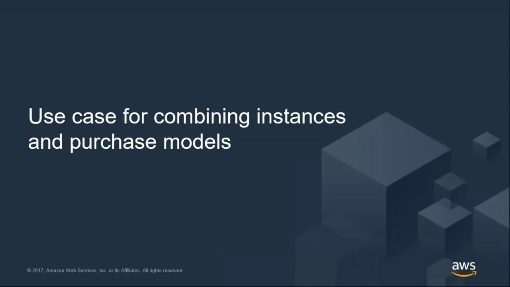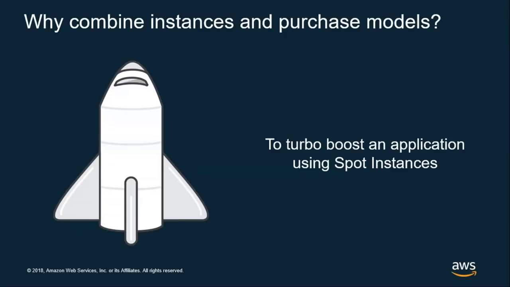So let's go into some of the use cases for EC2 Fleet, some of the more common things that we've seen customers picking up and leveraging EC2 Fleet for, and really combining purchasing models and instance types into a single application. Almost certainly the most common reason we see customers attempting to combine purchase models is to turbo boost applications using spot instances.